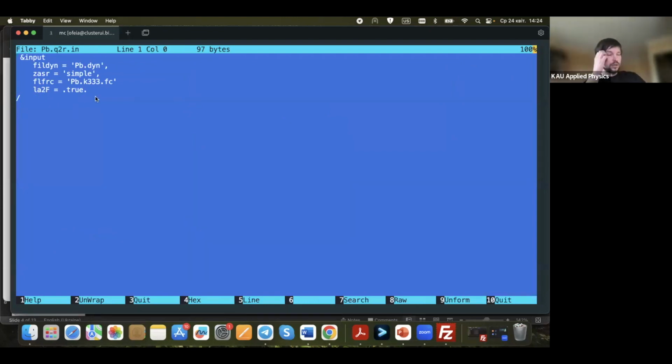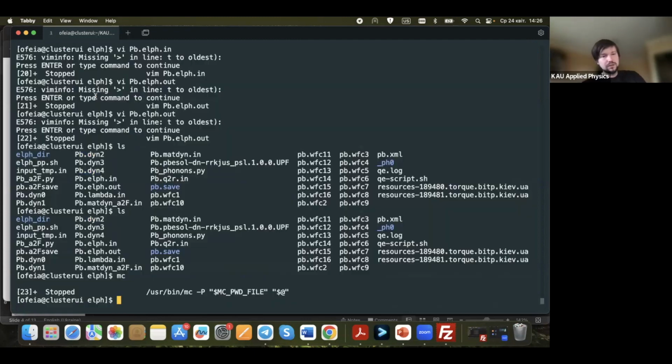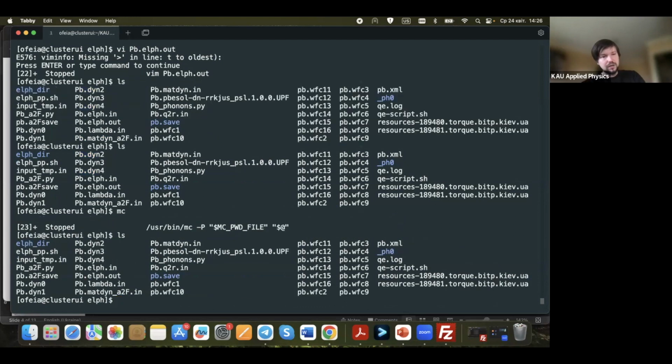It tells the program to take the results we got from the previous step and apply a Fourier transform to them, turning them from reciprocal space, and we can start.